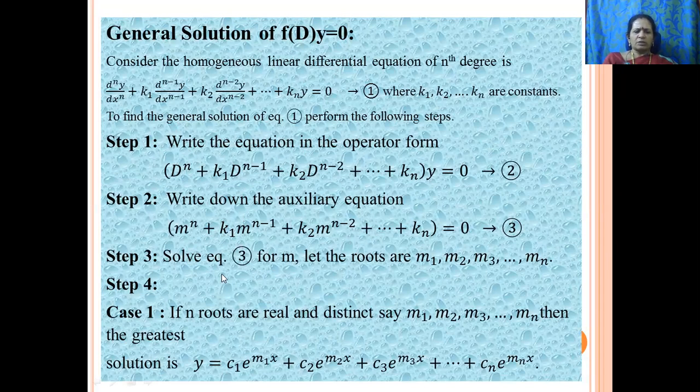So if the roots are real and distinct, then the complementary function should be written like this: y is equal to c1 into e power m1x plus c2 into e power m2x plus c3 into e power m3x.